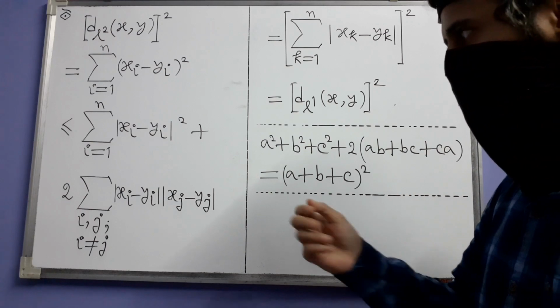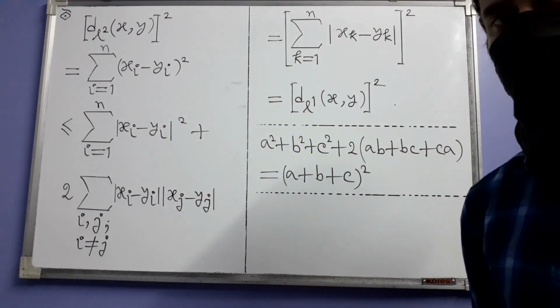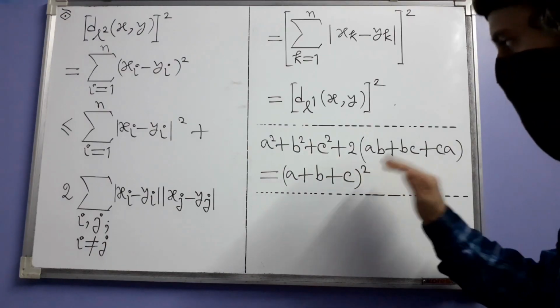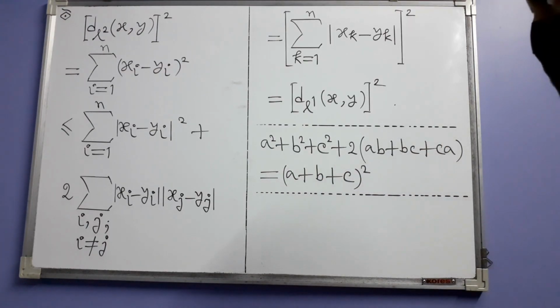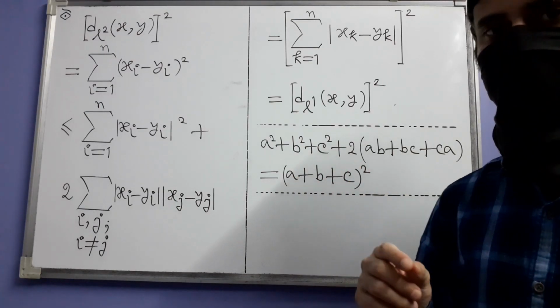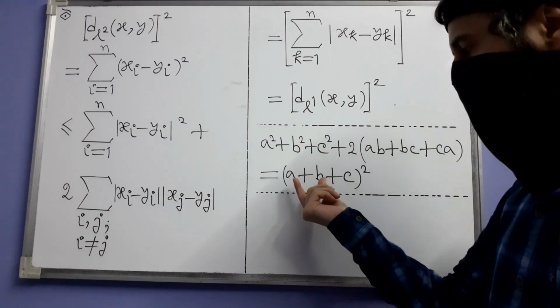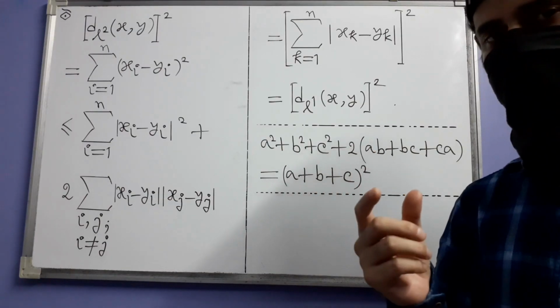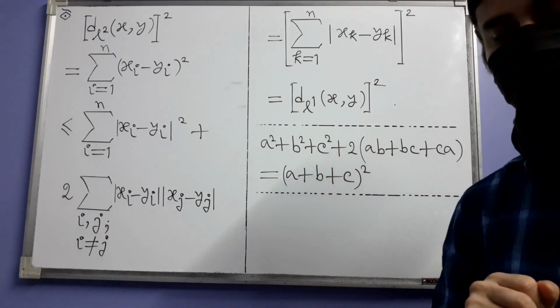The question is, how is this thing equal to this? Do you recall this identity from your school algebra? The moment algebra starts, very quickly we encounter the identity that a plus b whole square equals a square plus b square plus 2ab.